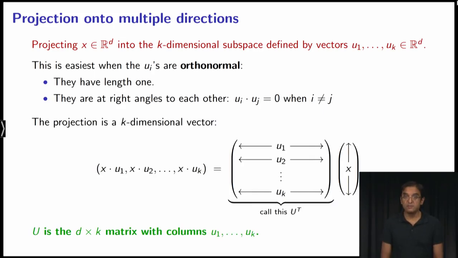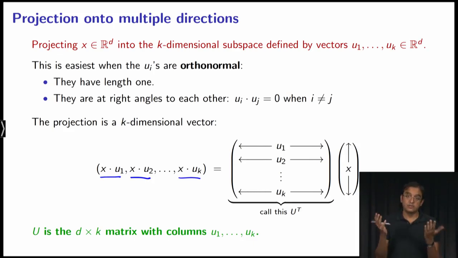The projection of a point x onto these k directions just consists of k numbers now. The first number is the projection onto u1, x dot u1. The second number is the projection onto u2, x dot u2, all the way to the last number, the projection onto uk, x dot uk. Very simple. We can also write this in matrix form. So suppose we take these k different directions, u1, u2, u3, uk, and stick them together into a matrix. We make them columns of a matrix.